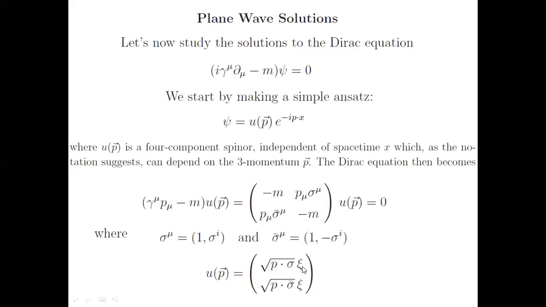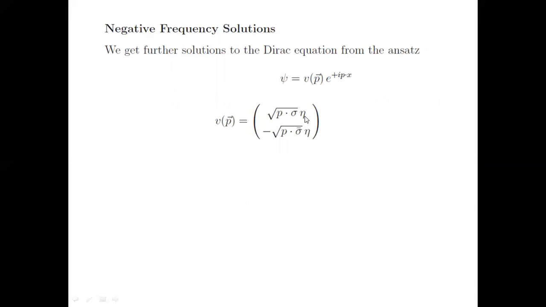The spin down part has xi equals (0, 1). Xi are 2-component spinors. If it is spin up, then xi equals (1, 0); if the spin is down, xi equals (0, 1). Similarly for eta: eta equals (1, 0) if the spin is up, eta equals (0, 1) if the spin is down.